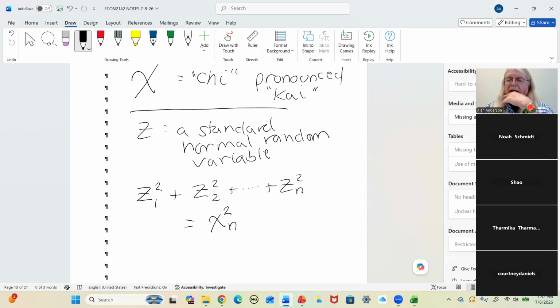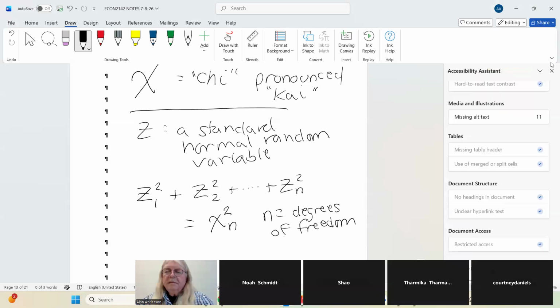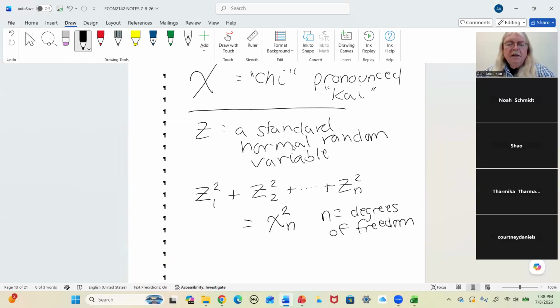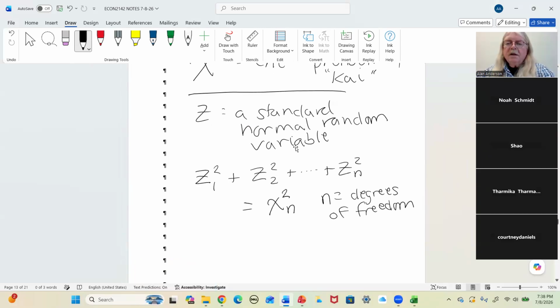And down here, I'm writing an n. The n represents degrees of freedom. So the chi-square distribution has its own version of degrees of freedom. So this is where it comes from.